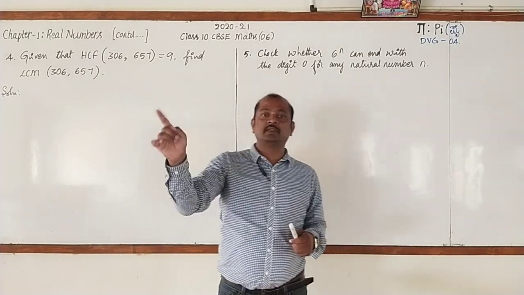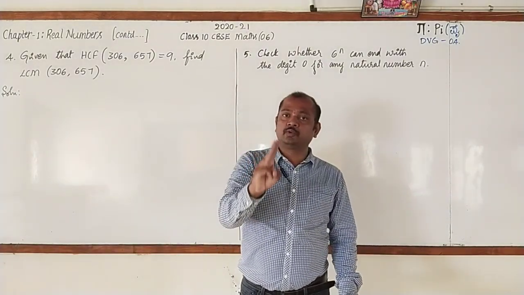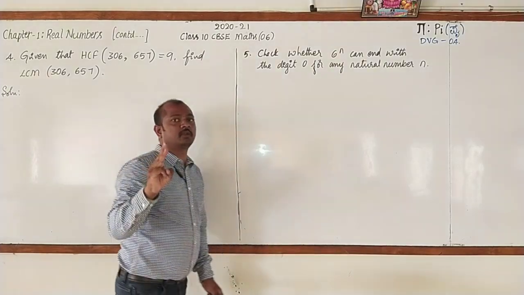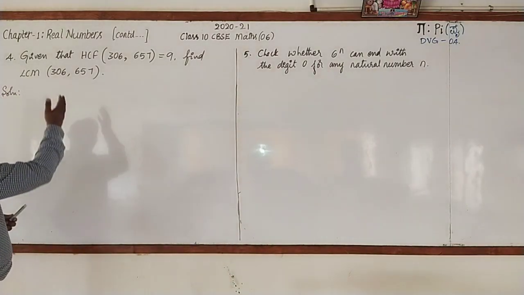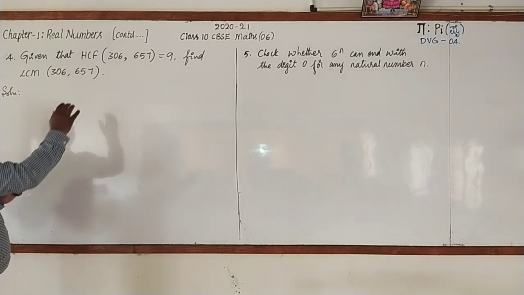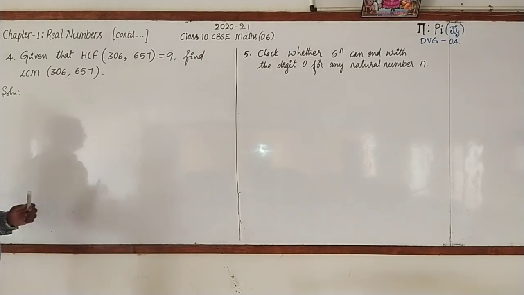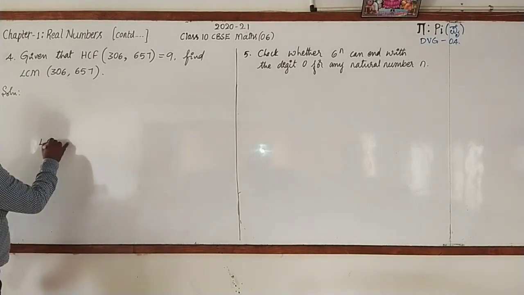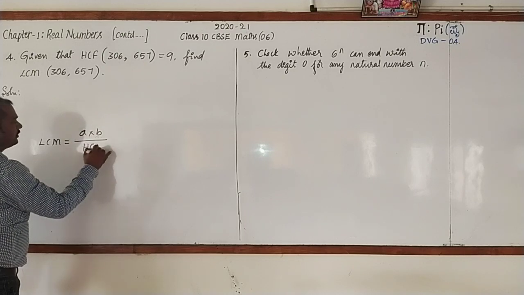That is, HCF into LCM equals product of two numbers. And I had even told you that when 3 terms are known in that, you can find out the fourth term easily. Here also we are going to follow the same. We know the numbers and HCF. You are going to find out LCM. That is, can we write LCM as A into B by HCF?